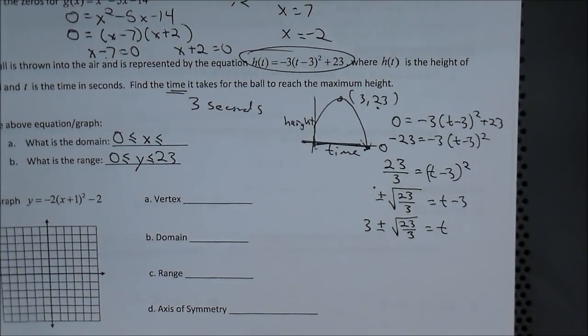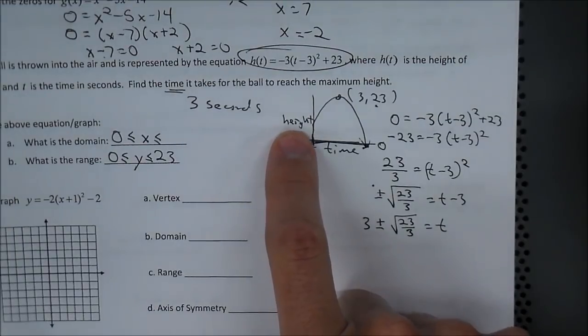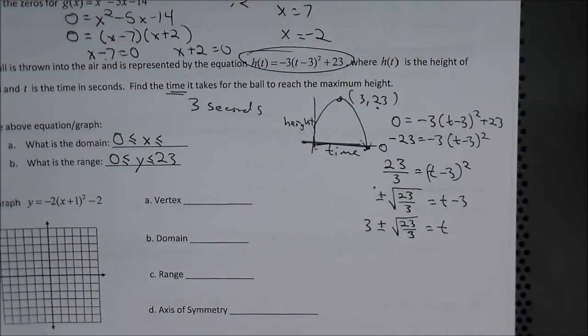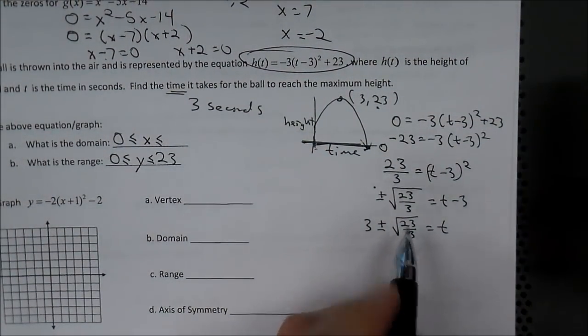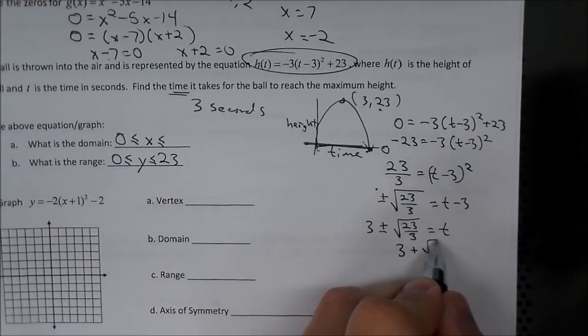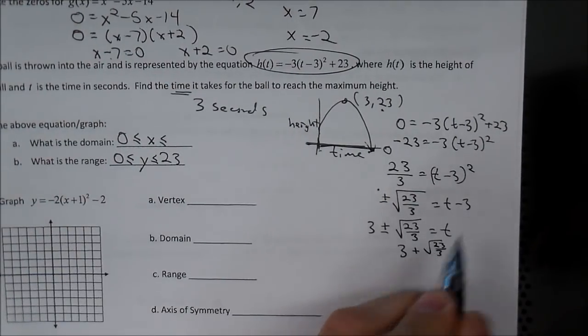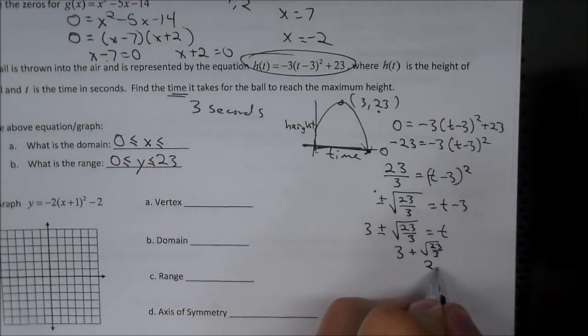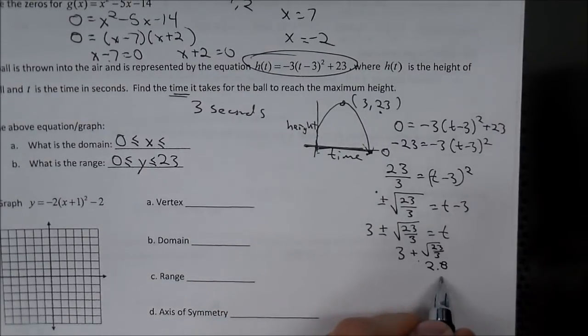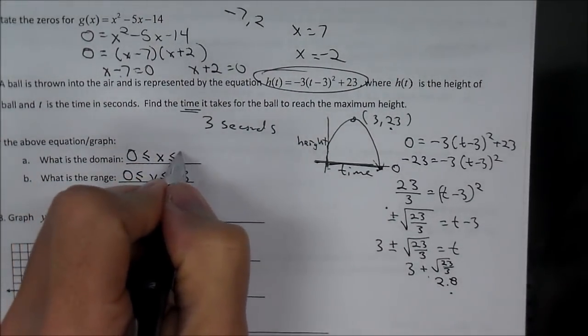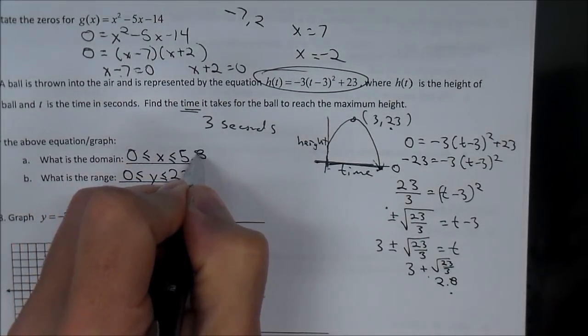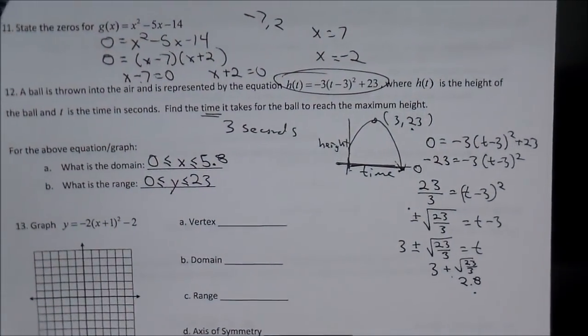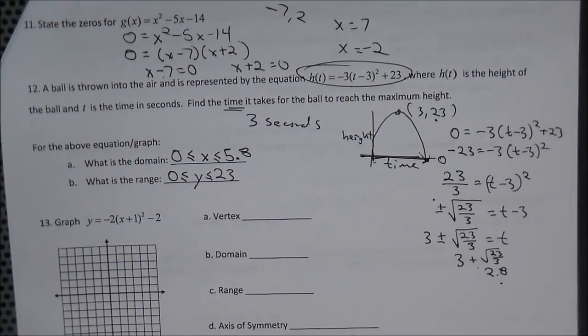I don't really care about the negative answer here because the negative answer is on this side and I'm not worried about that in the problem. What I need to figure out is the positive result. So that's going to be 3 plus the square root of 23 over 3. The square root of 23 over 3 is about 2.8. So 3 plus 2.8 puts us at about 5.8 seconds as the domain of the problem.